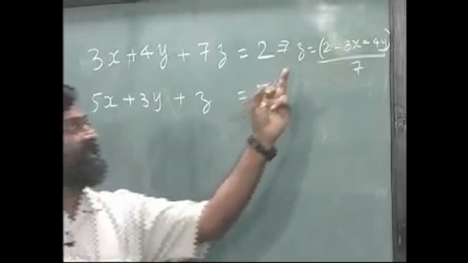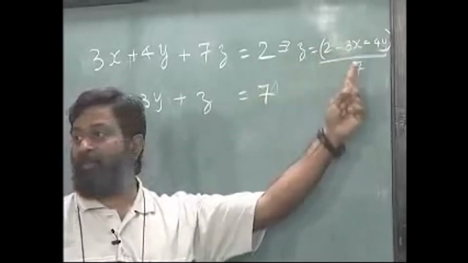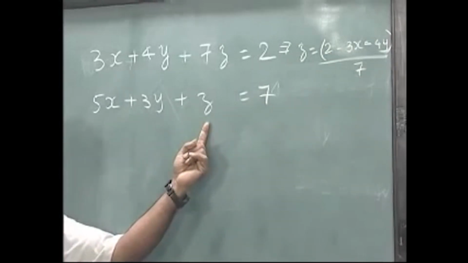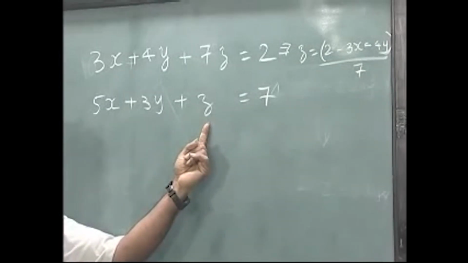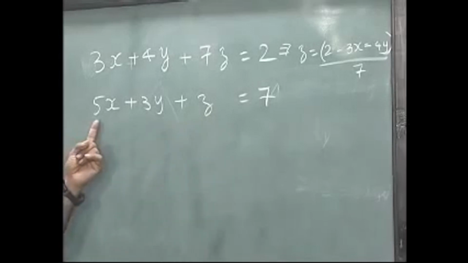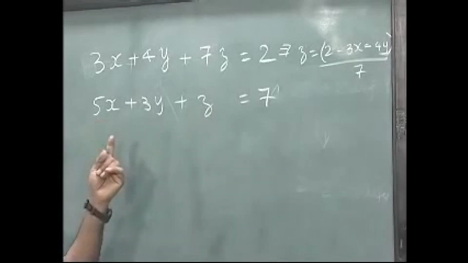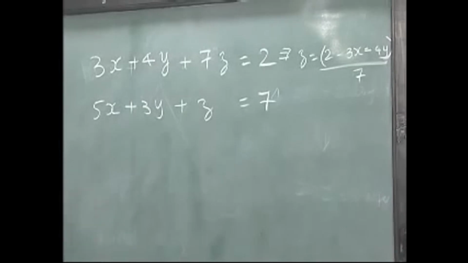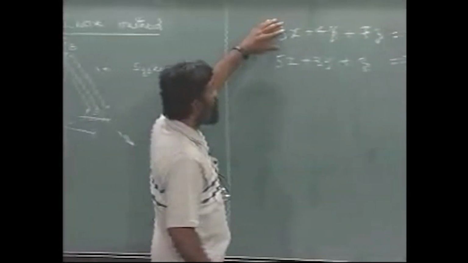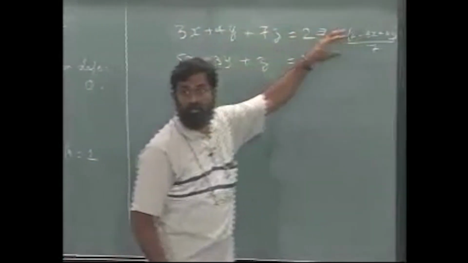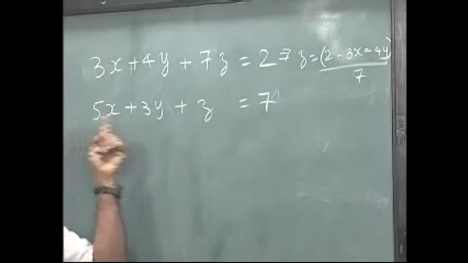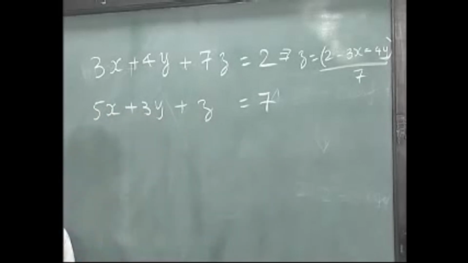What I have done here is I have written z in terms of x and y. If I substitute over here, z is eliminated and we have an equation that is in terms of x and y. Now, we have reduced this equation into having only two unknowns. Is this clear?